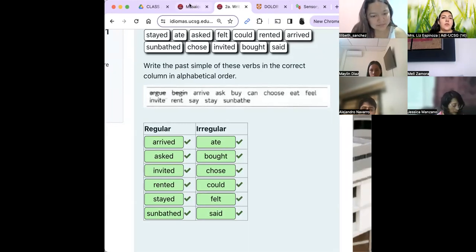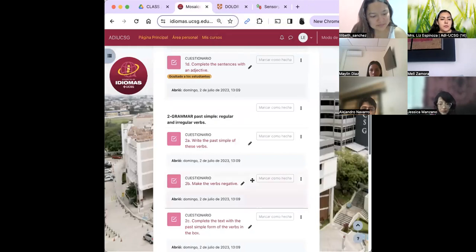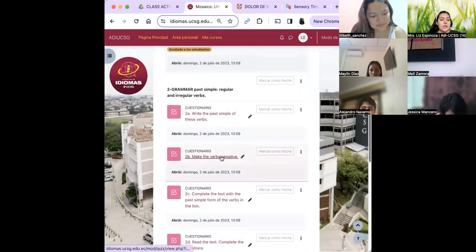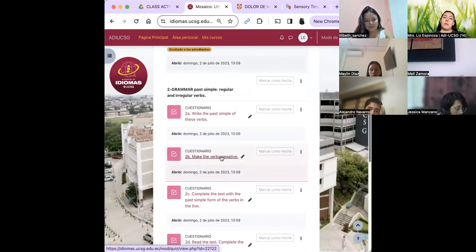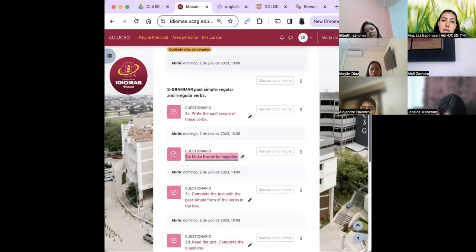Okay, let's move on with the next one. This is something that we haven't checked. Make the verbs negative. So we have checked the regulars, irregulars, and the pronunciation of them, but we haven't emphasized the negative.